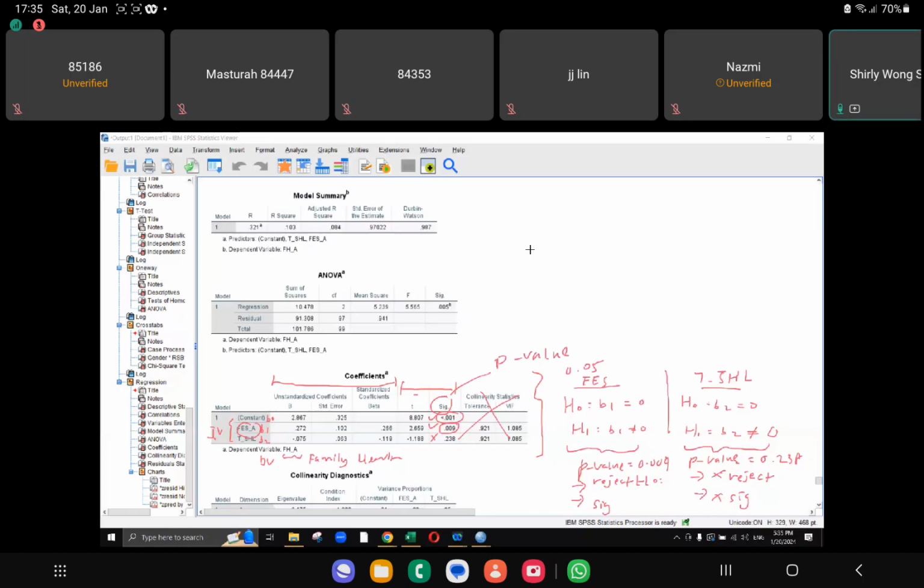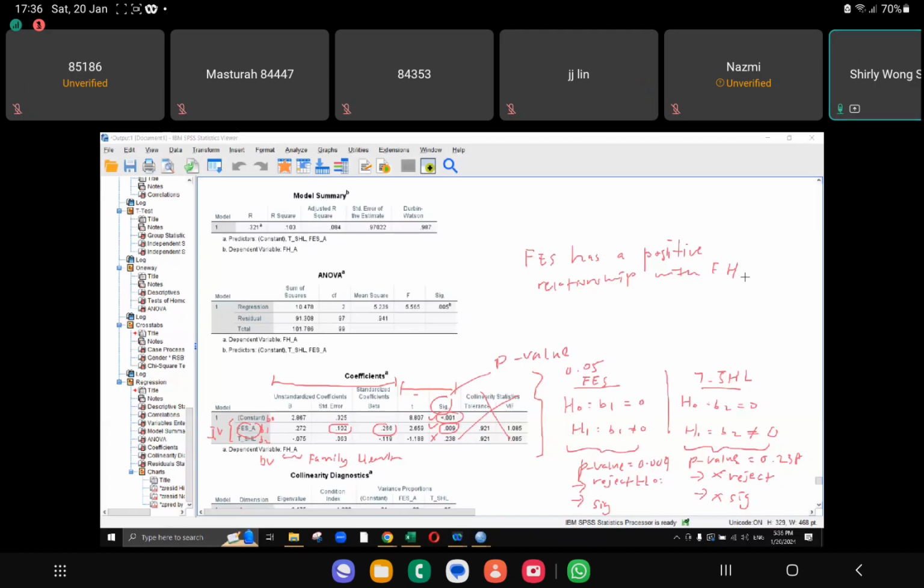It's positive. It's a positive relationship with brain health. And this relationship is statistically significant at the 1% level.